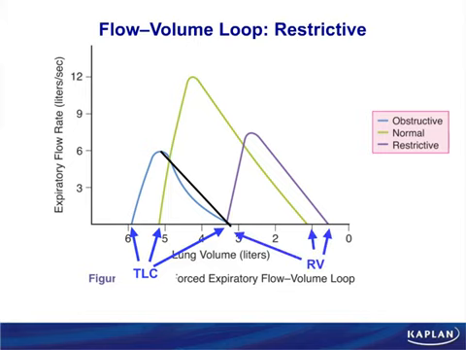What's left in the lungs after we blow out all we can blow out? Well, that's residual volume. Notice that the restrictive patient has a low residual volume. The obstructive patient has a high residual volume. So those are the key characteristics that show us why we diagnose the blue line as obstructive and the purple line as restrictive. Again, this is the expiratory portion of a flow volume loop. Very diagnostic.